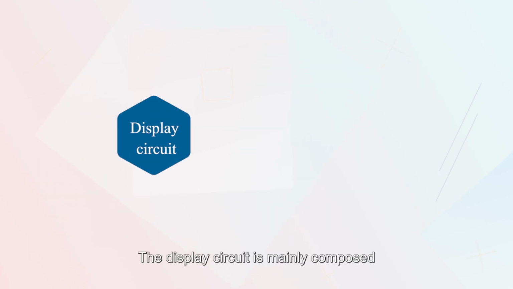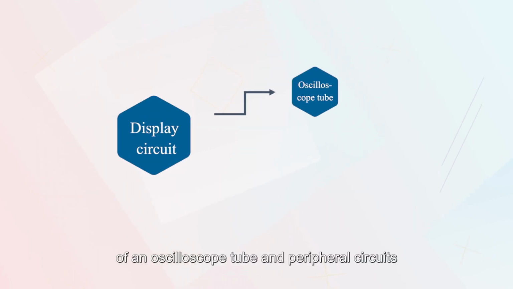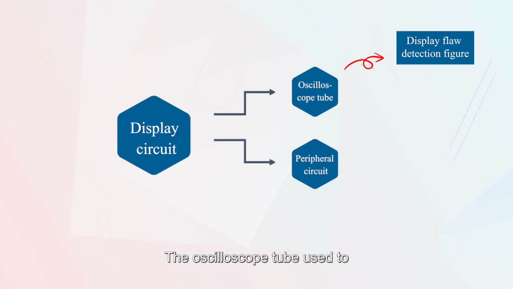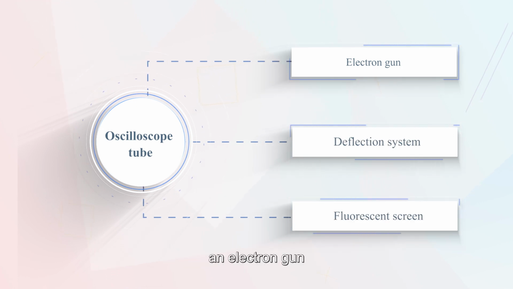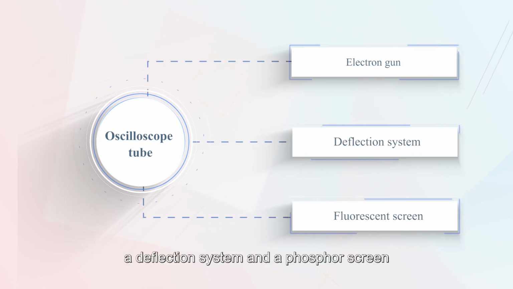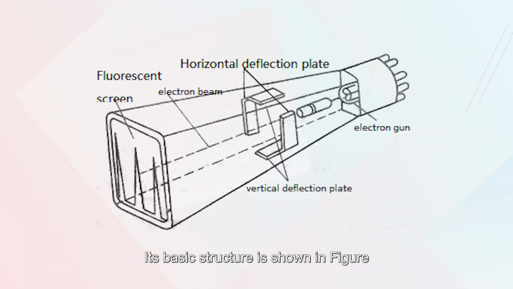The display circuit is mainly composed of an oscilloscope tube and peripheral circuits, the oscilloscope tube being used to display the flaw detection patterns. The oscilloscope tube consists of three parts: the electron gun, the deflection system, and a phosphor screen. Its basic structure is shown in the figure.